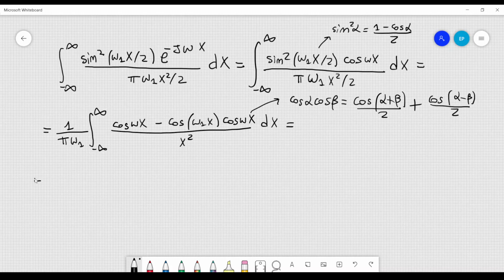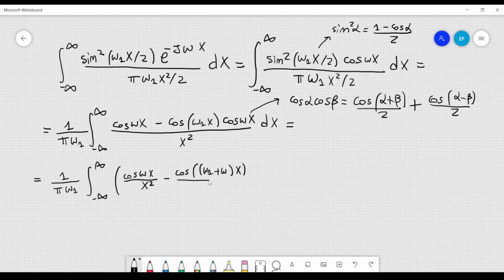Therefore, this can be written like this: 1 over pi omega 1 integral from minus infinity to plus infinity of cosine omega x over x squared minus cosine of (omega 1 plus omega) times x divided by 2x squared minus cosine of (omega 1 minus omega) times x divided by 2x squared dx. Or if you want, I can also rewrite this as omega minus omega 1, because the cosine is an even function, so I can change the sign of the argument.